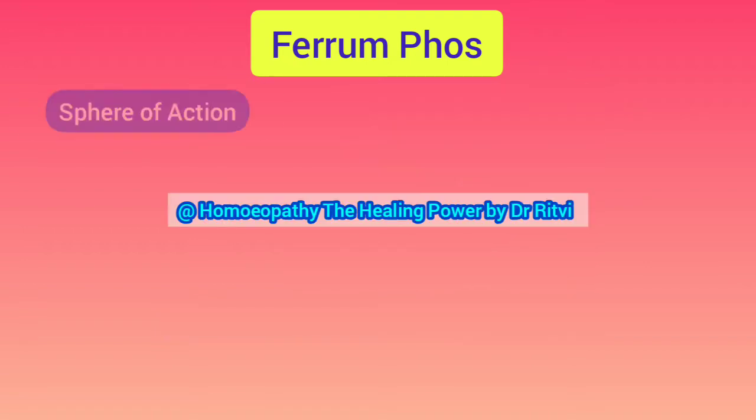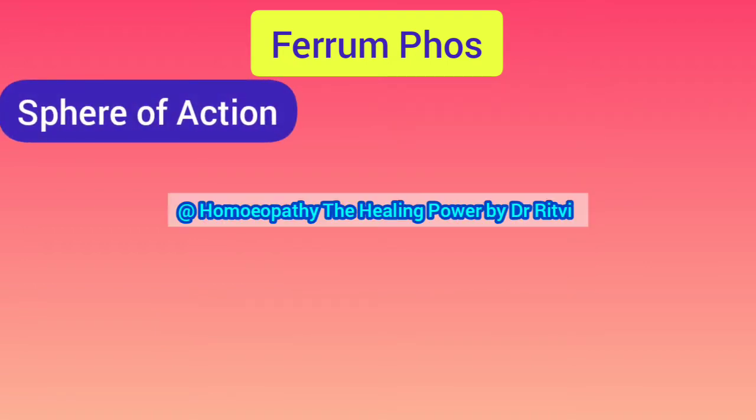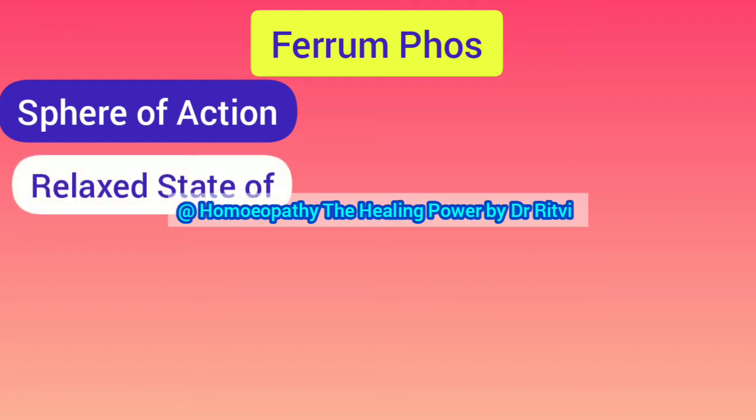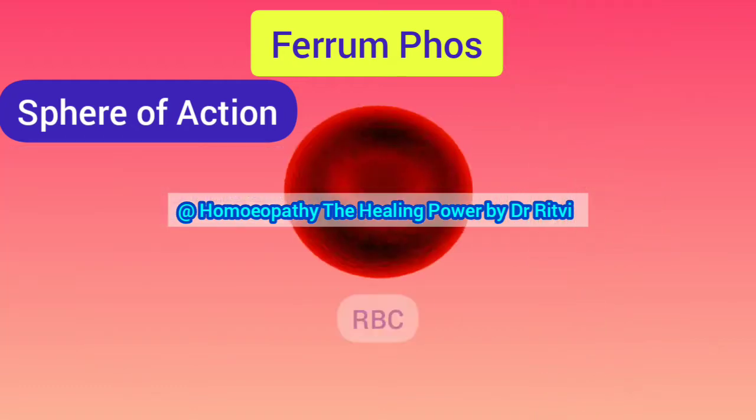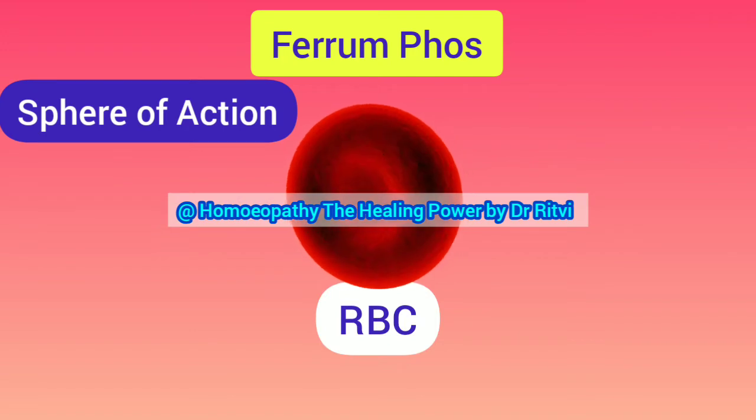Sphere of action. Friends, Ferrum Phos has its typical action on the relaxed state or relaxed condition, especially of blood vessels, muscle fibers and tissues of different parts of the body. It also acts on red blood cells.